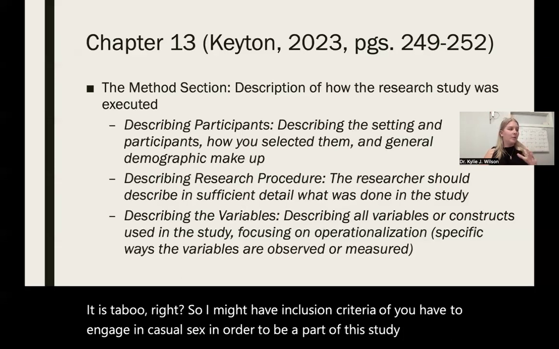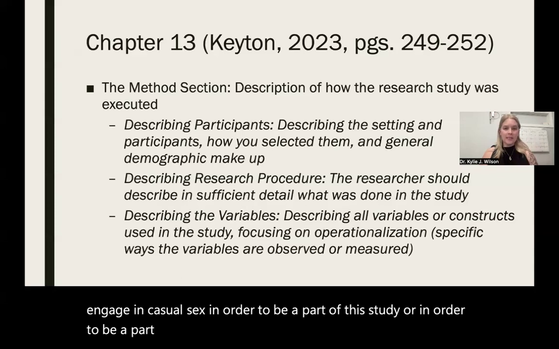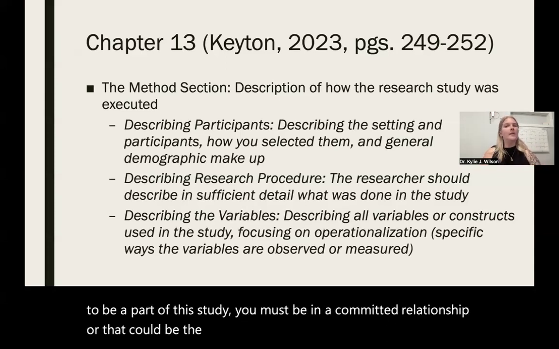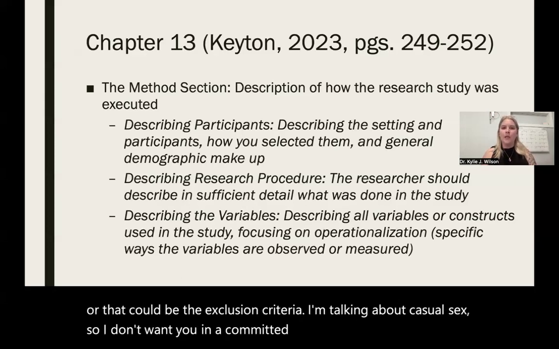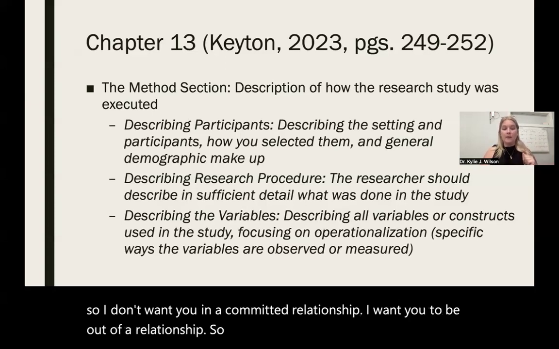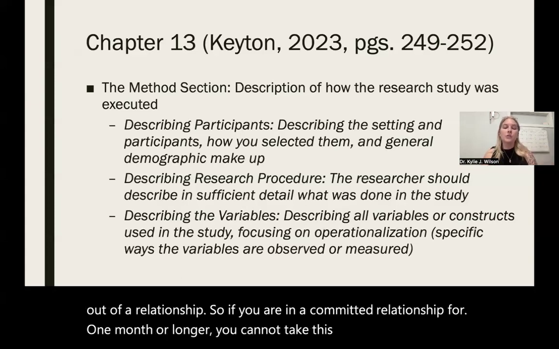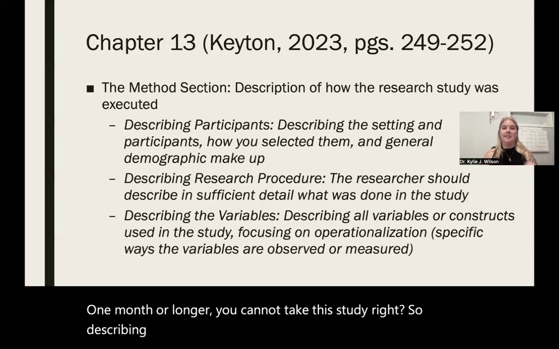Or in order to be a part of this study, you must be in a committed relationship. Or that could be the exclusion criteria. I'm talking about casual sex, so I don't want you in a committed relationship. I want you to be out of a relationship. So if you are in a committed relationship for 1 month or longer, you cannot take this study, right? So describing that procedure in detail.